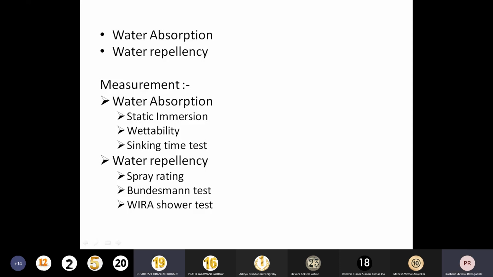I think there are roughly 25 students in our class. So can you give me any examples in case of our textiles which we use for water absorption, or where we are using this property of water absorbency, कहाँ हमको चाहिए रहता है? So no one can give me the answer.